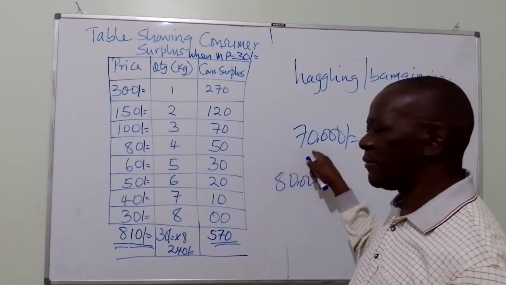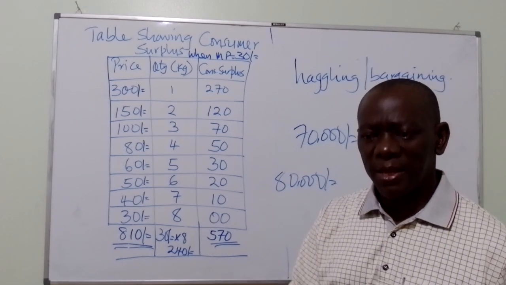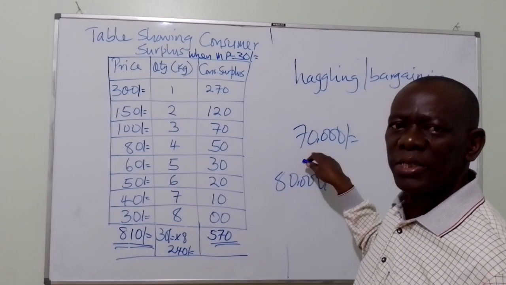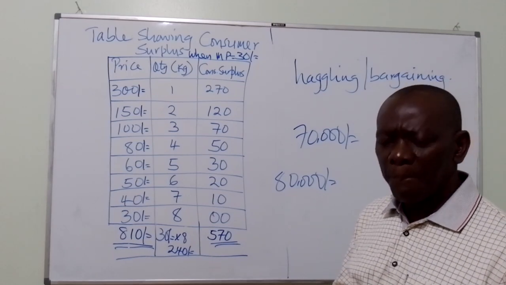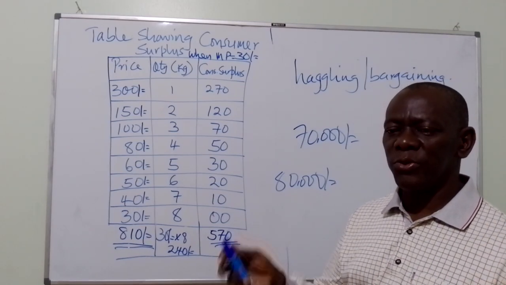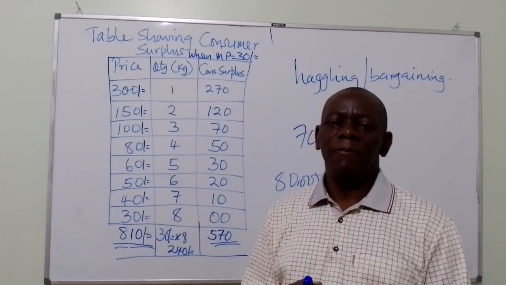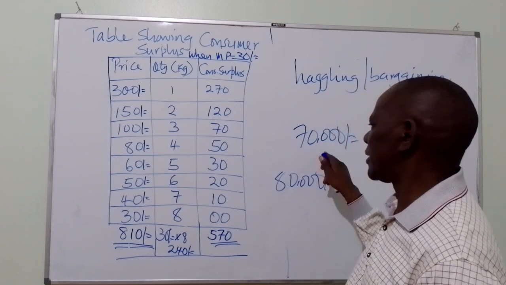I had planned 70, but the man is saying 80. So you bargain. You want that utility to be enjoyed at 70. The man is saying 80. By bargaining, I said there are two situations. By bargaining, you want to bring that price into your utility to 70.